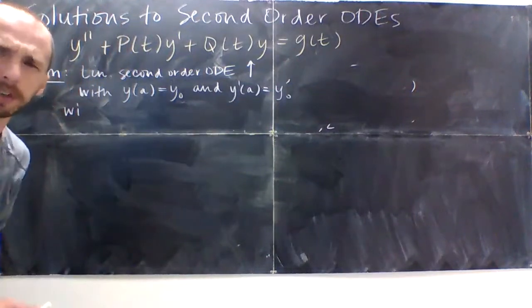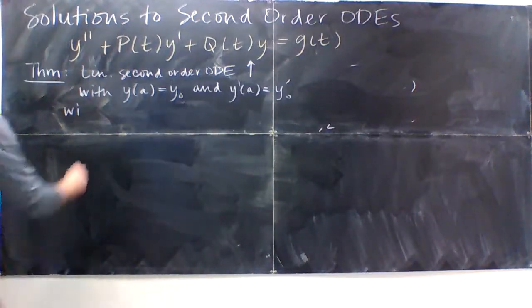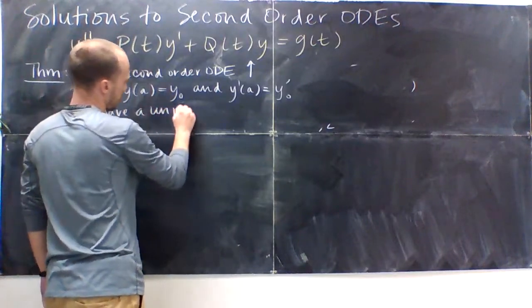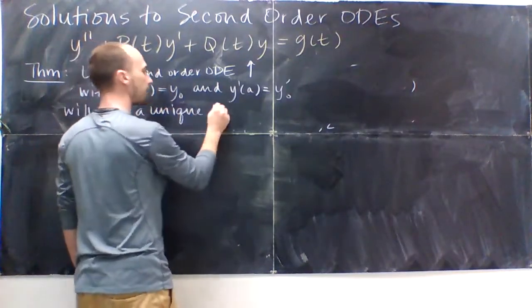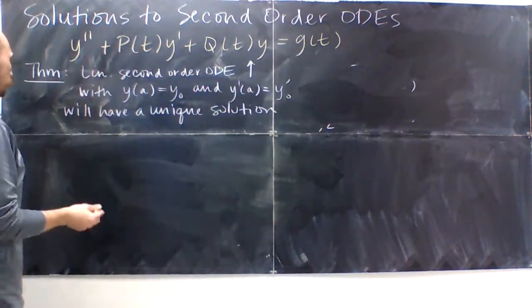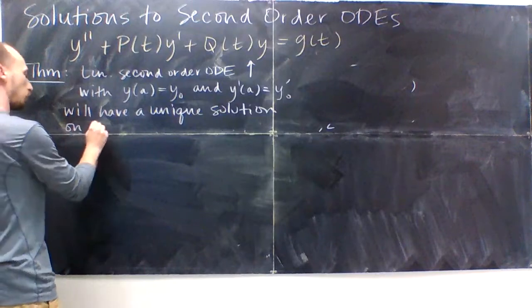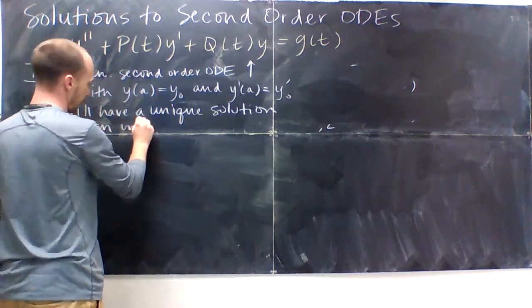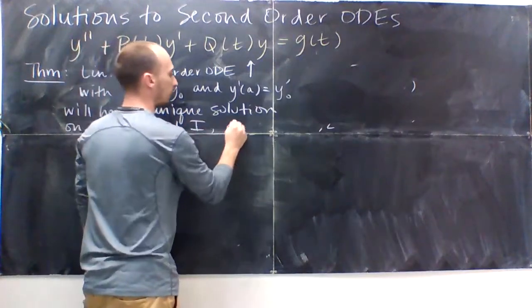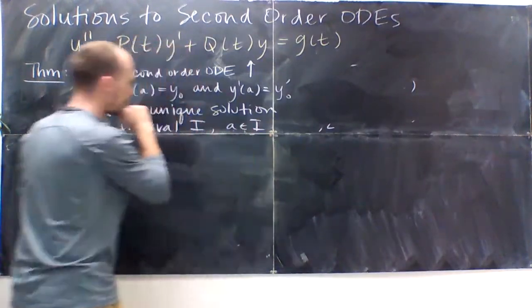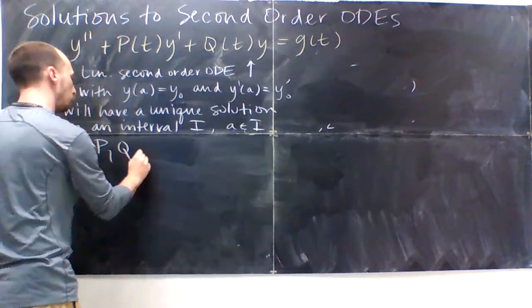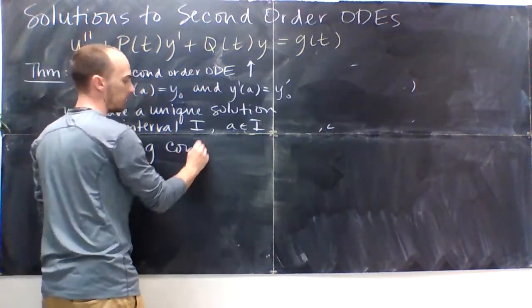And I'll work through an example for you just to show you what I'm talking about. We'll have a unique solution on an interval I with a being an element of I, provided p, q, and g are continuous on that interval.